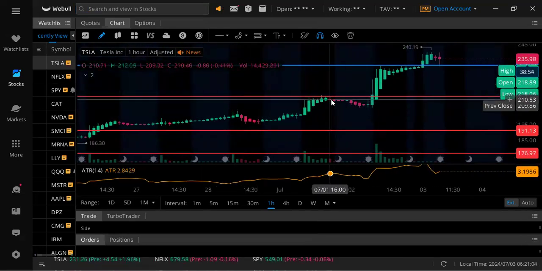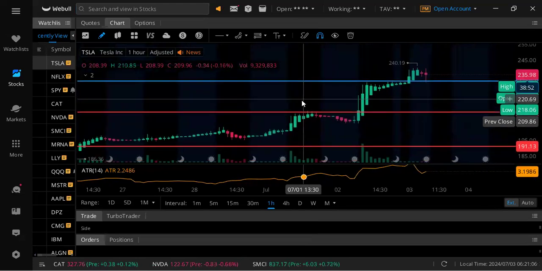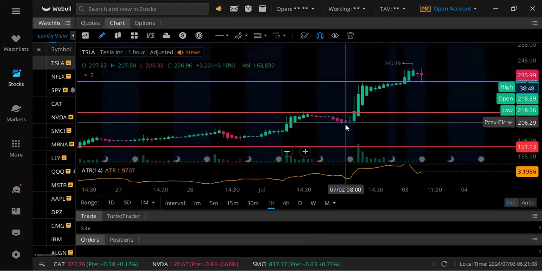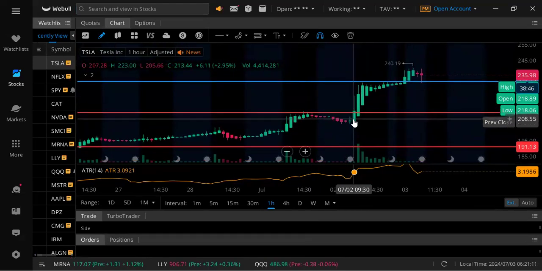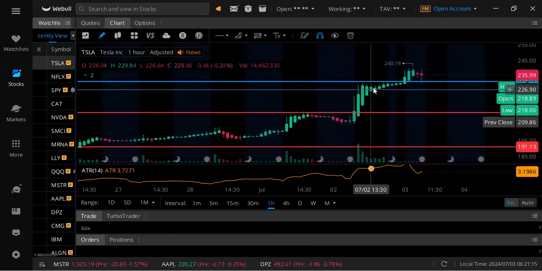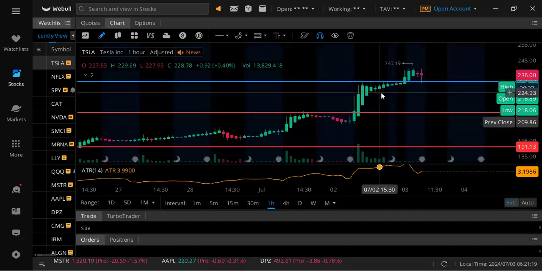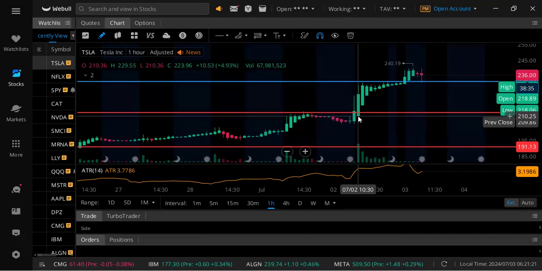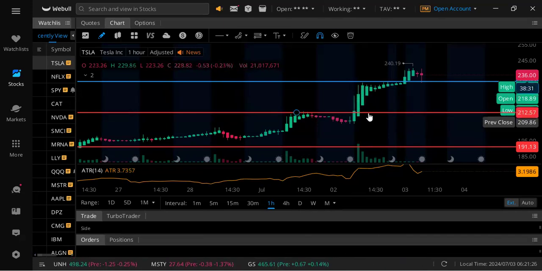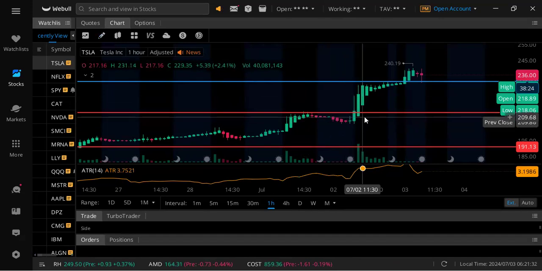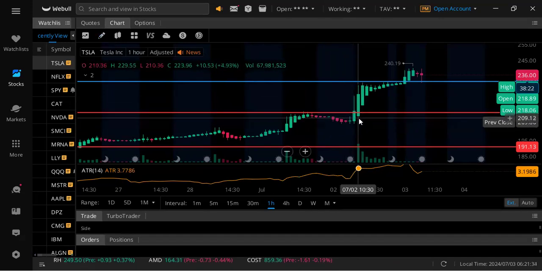Tesla, I have lines and I'm not deleting them because those lines are there to stay. Okay, so this is the first hour candle. It was a strong bullish candle. So let me draw a line.